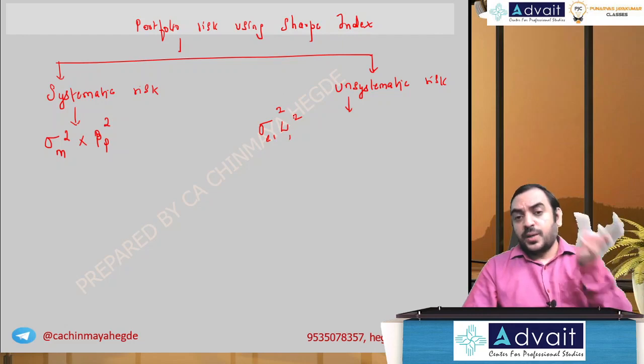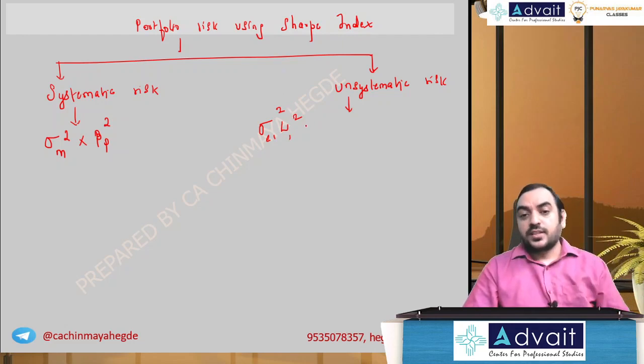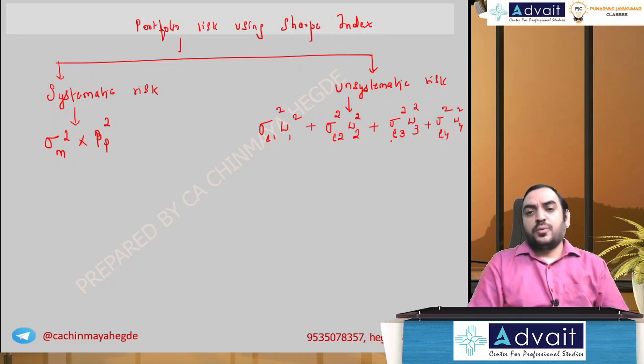Similarly, the second security, unsystematic variance E2, E for error, multiplied by W2 square, plus sigma E3 square multiplied by W3 square, plus sigma E4 square multiplied by W4 square.